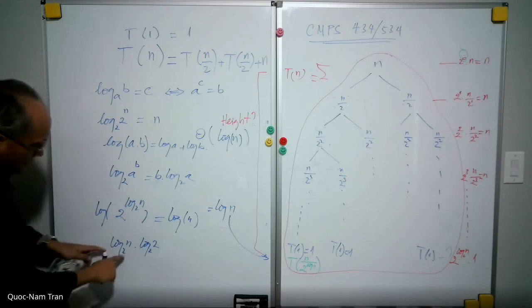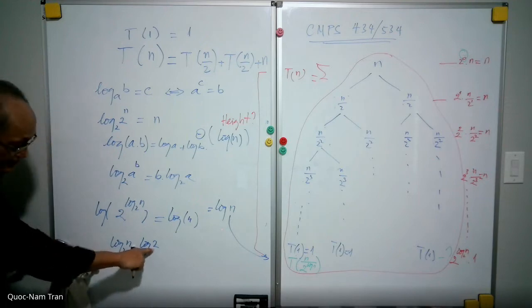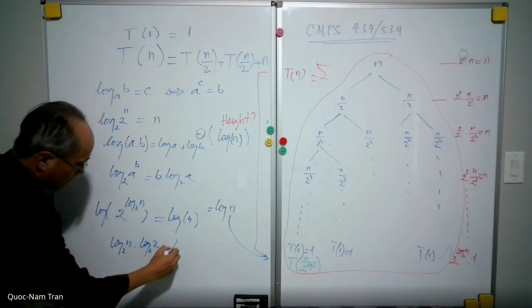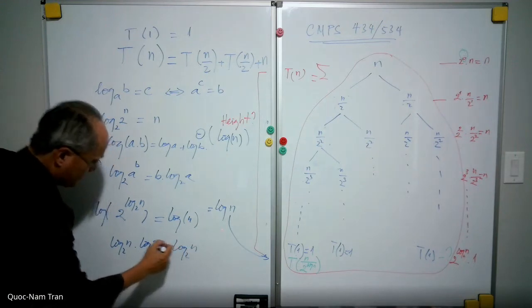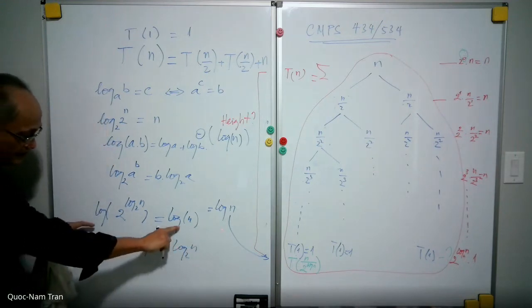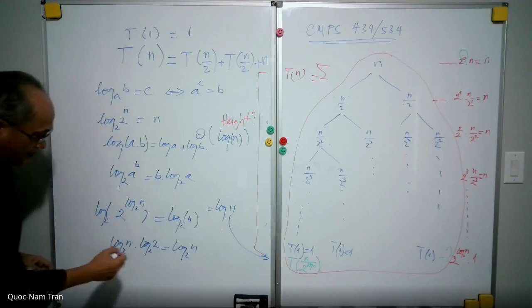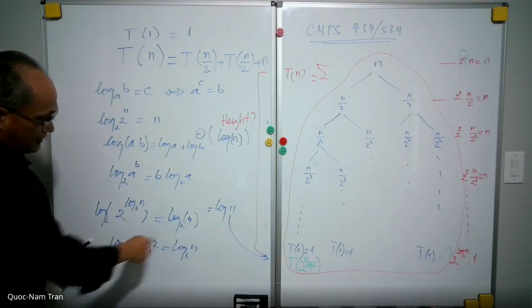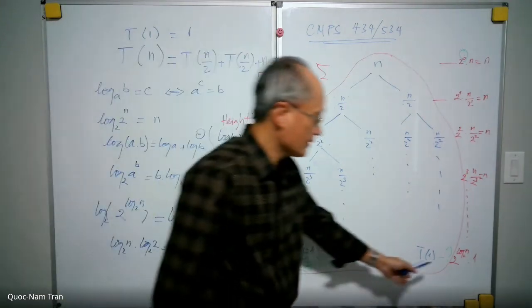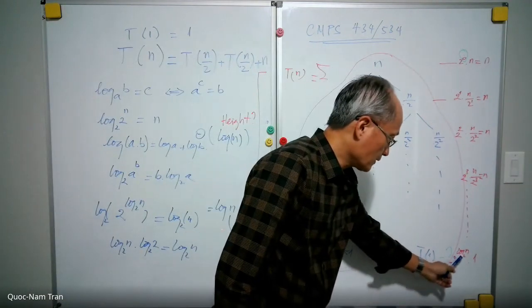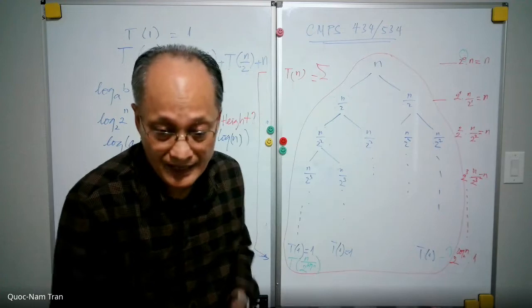And this one is 1, so this is log 2 of n. As I said, when we say log, it means log 2, of the same base. So from here we have 2 power to the log 2 of n, that is n.